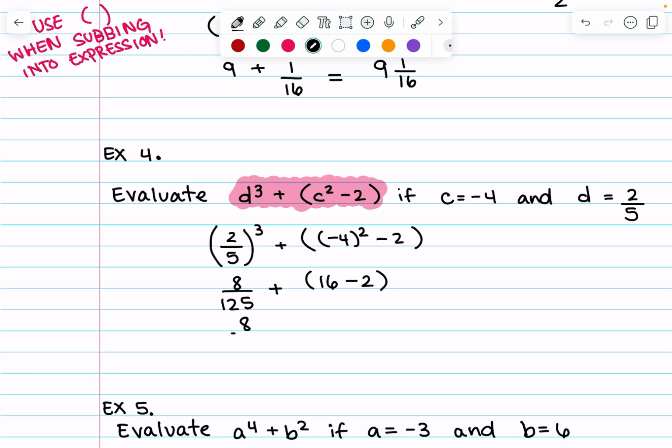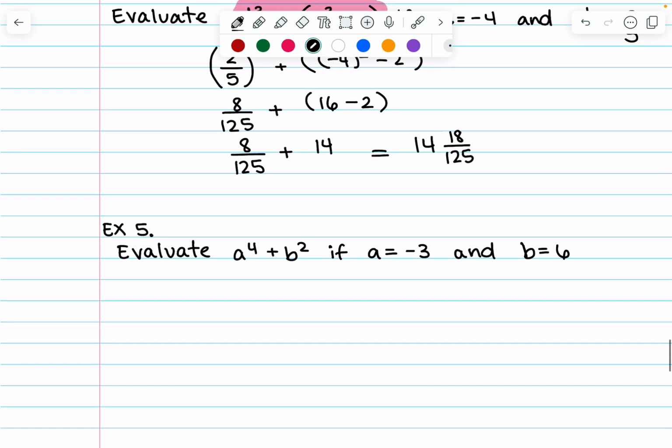So 8 over 125 plus 14. We have a whole number plus a fraction. So I'd have 14 and 8 over 125 for my final answer.